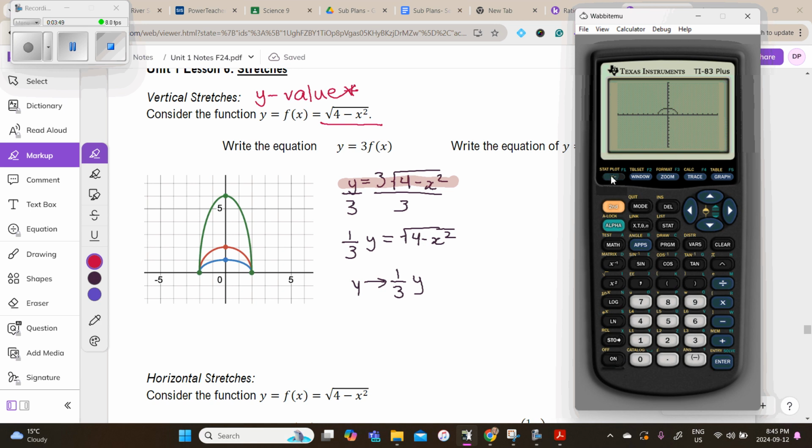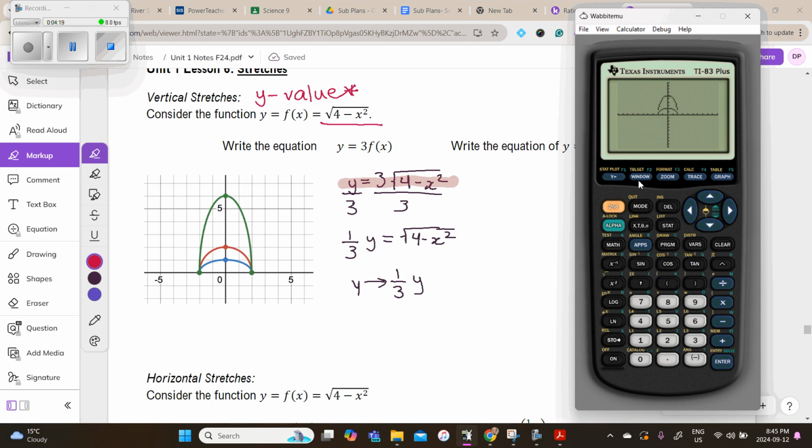So go back to my y editor. I'm going to leave my original function in there, and then I'm going to take 3 and multiply it by the square root of 4 minus x squared. Let's see if it's going to be the green or the blue graph. Look at that. It is the green graph.